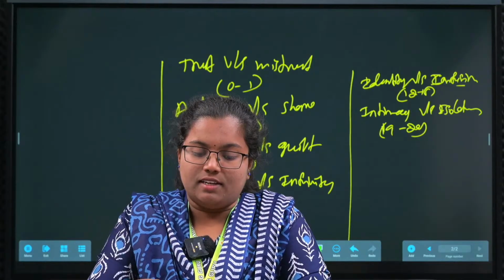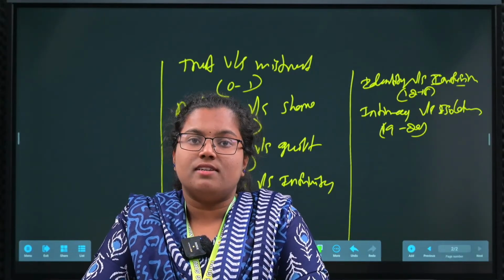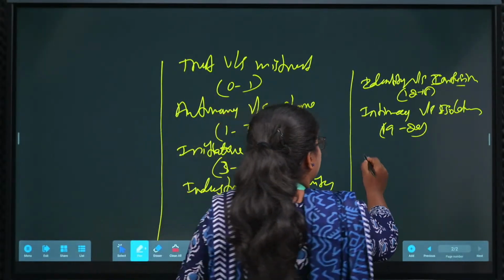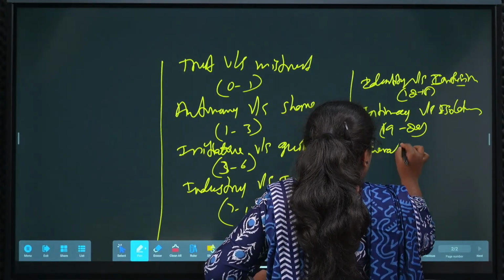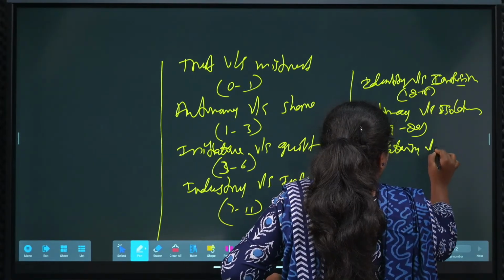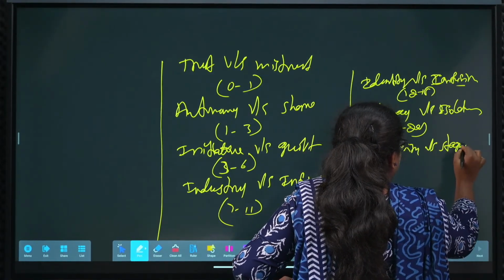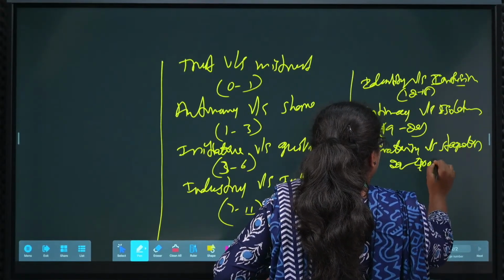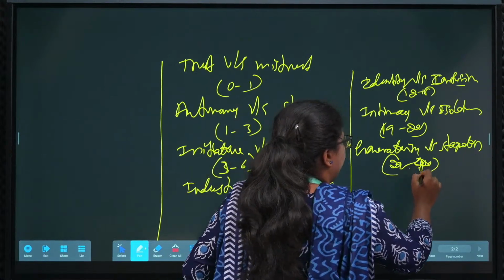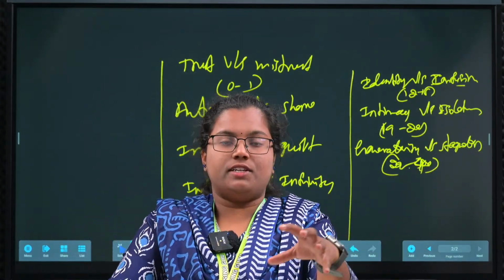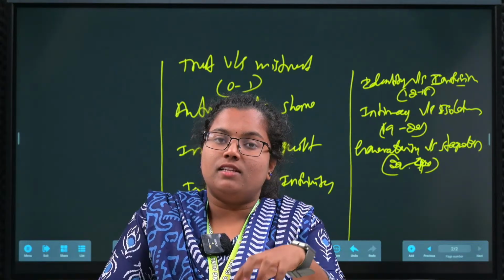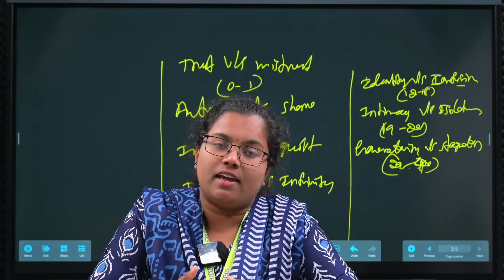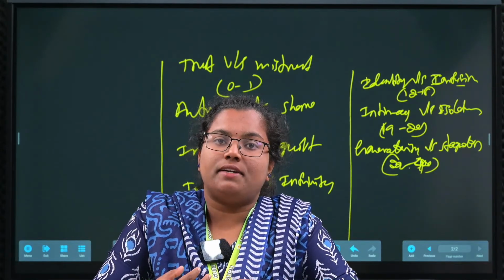And the next one is generativity versus stagnation, from 30 years to 64. Generativity versus stagnation. In this duration, the individual will start to build their career and try to get a good position.